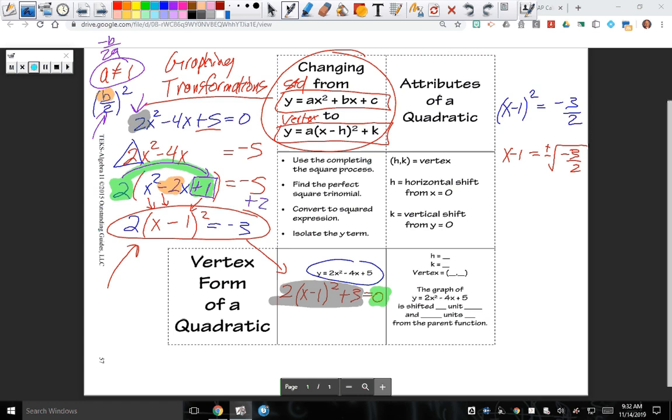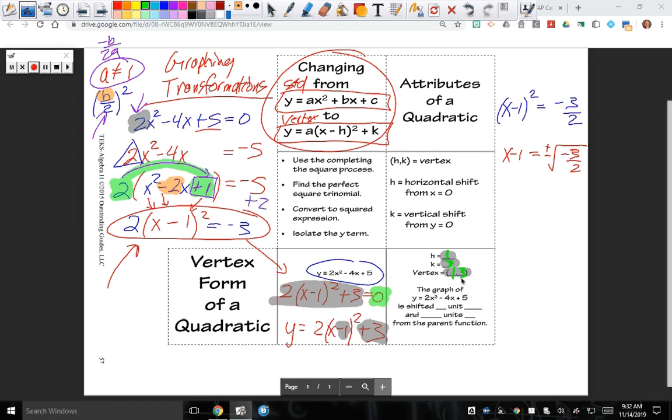So if I put y is equal to 2(x minus 1) squared plus 3, now I can see my H, K vertex. What am I going to write there? What's my H? 1. My K is 3, right? So what is my vertex? 1, 3.